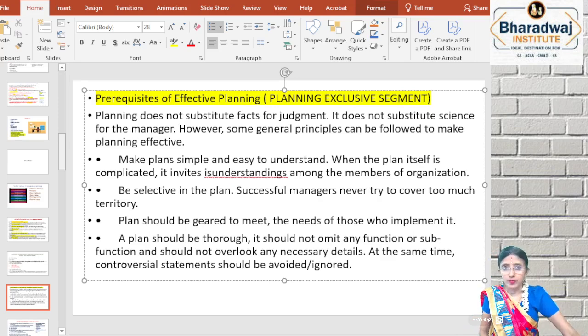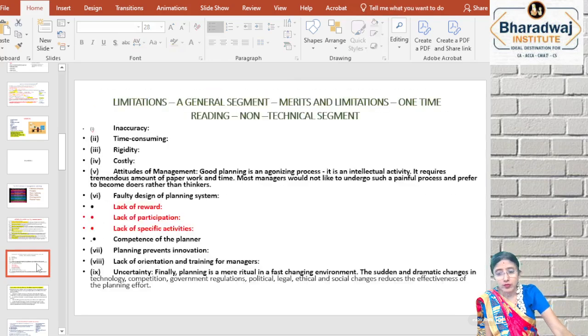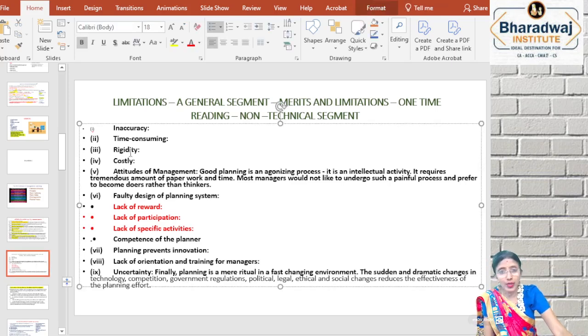The previous slide, the limitations we have, like its rigidity, costly, those things. The features, like the characteristics we had, it's flexible. So this is the inbuilt rigidity of a plan. Plan means following a particular course of action. That is inbuilt. That doesn't mean I cannot change a plan. Plan is bound to change, no?